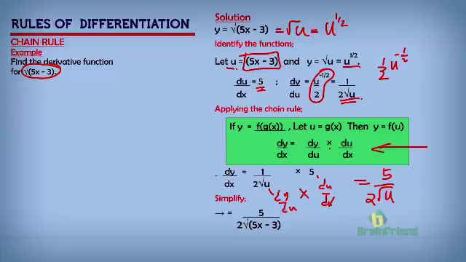So we therefore need also to resubstitute our original value for u into our answer. And that would give us 5 all over 2 root 5x minus 3. This is our derivative of our original function.